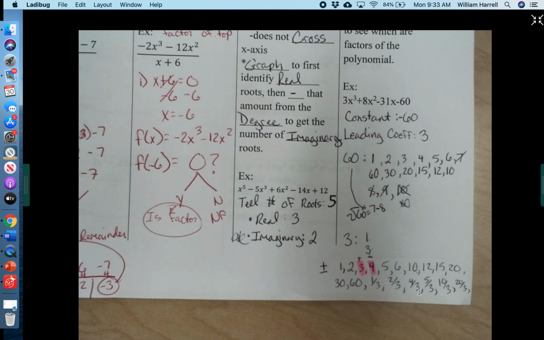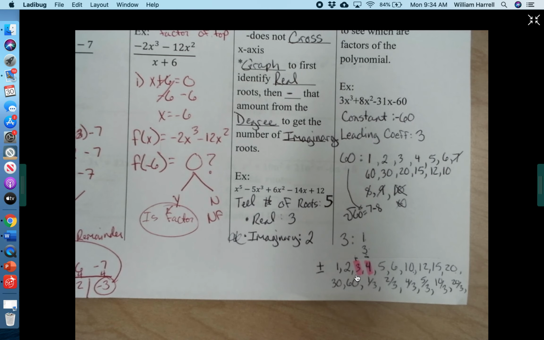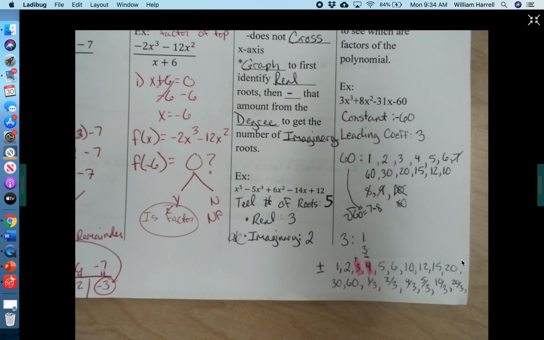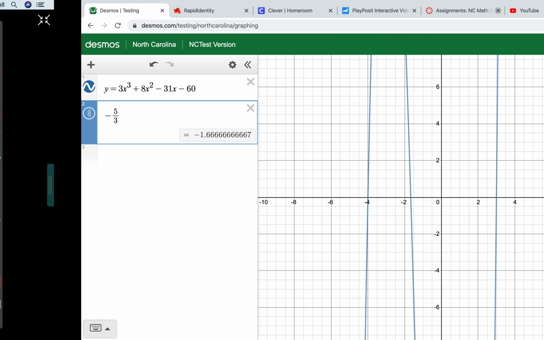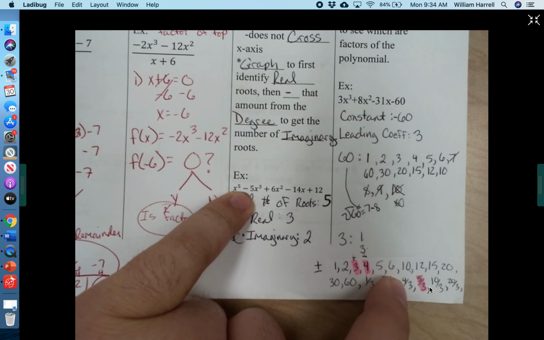So 1/3 didn't work. 2/3, -0.6667. So like that's it. So it's going to be a negative, but I need to go up just a little bit more. So I'm going to try 4/3. -1.333. I'm still getting closer. And then if I try 5/3, -1.667. That's what I want. And again, it's going to be negative.